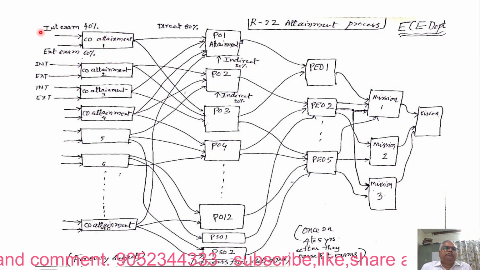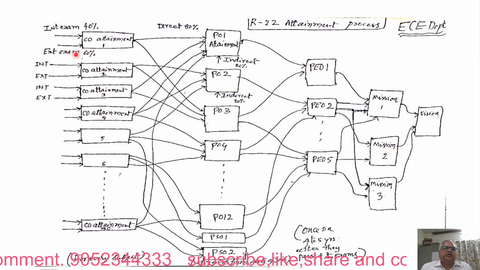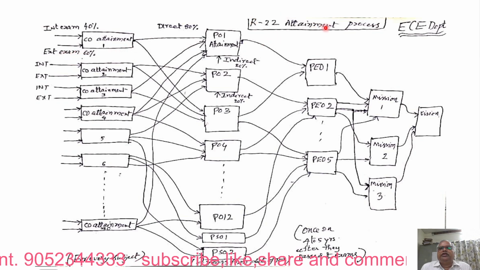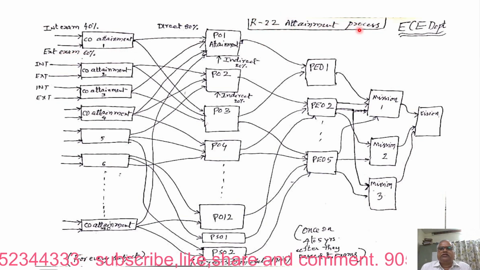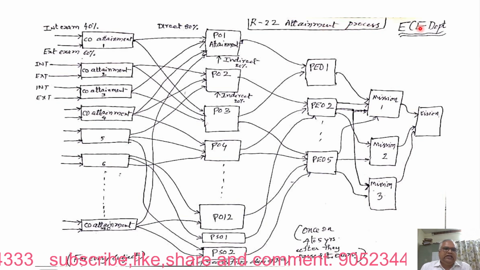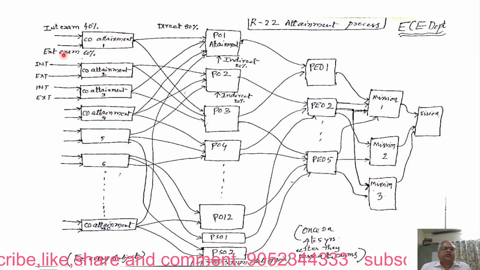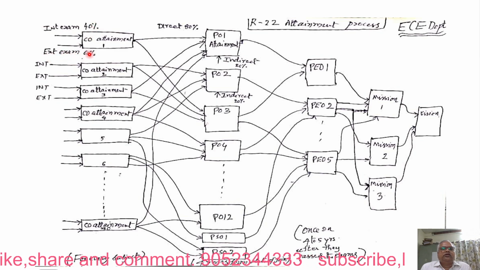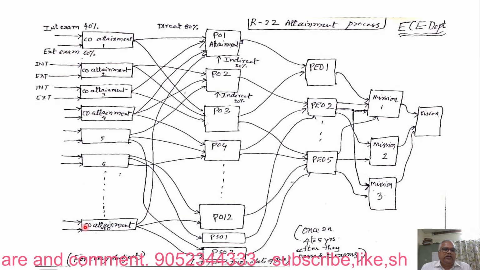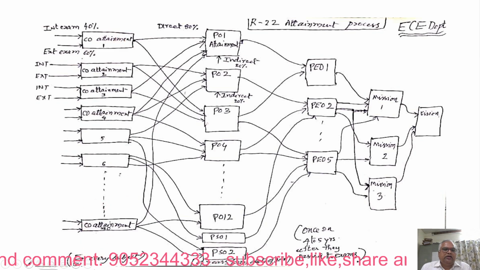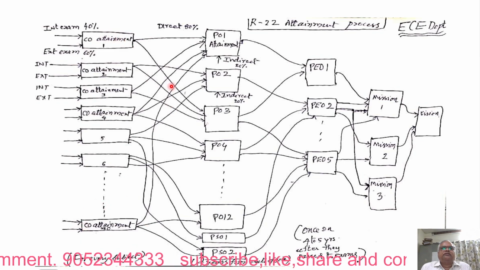Each subject's attainment contains internal exam and external exam. I am showing this for the R20 and R22 regulations, the attainment process of the EC department. Internal weightage is 40 and external weightage is 60. Like that, all subjects' attainment is done, for every subject.